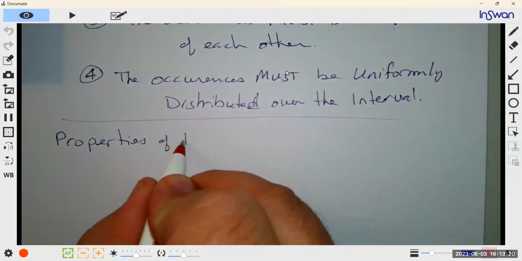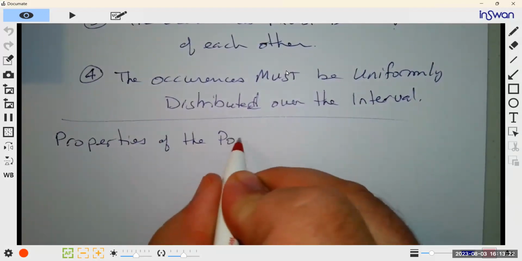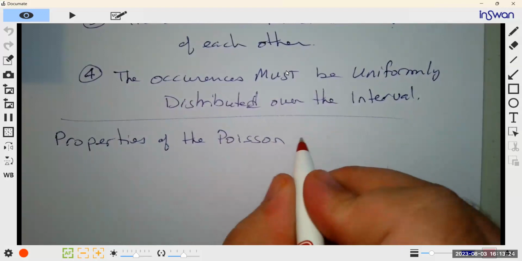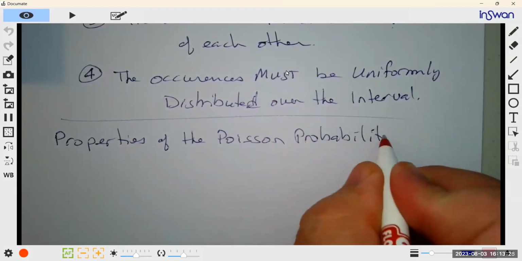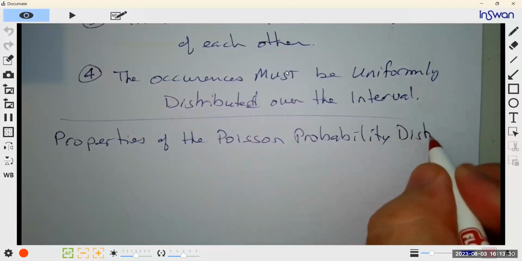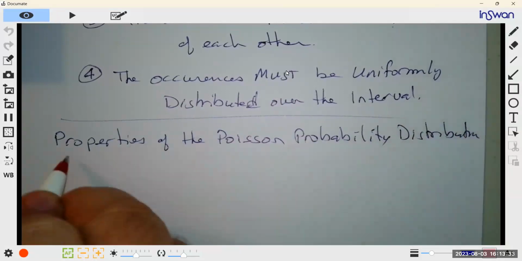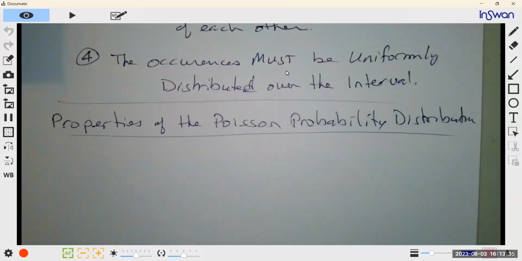The properties of the Poisson probability distribution. There are only two of them.